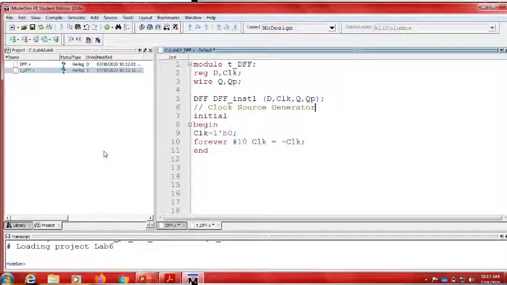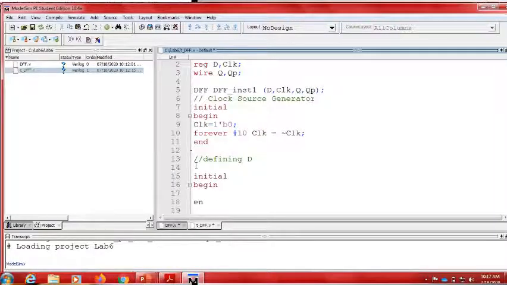Now let us define another initial block for our setup inputs. So we'll start with another initial block, begin and end, and here we will be setting our inputs.